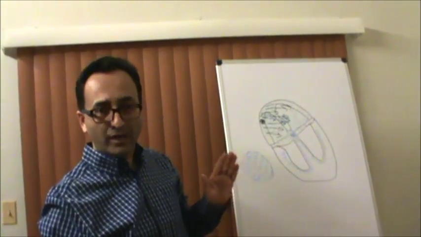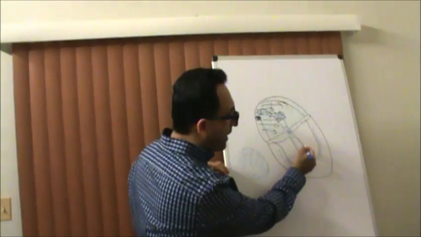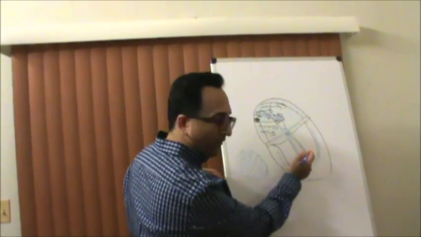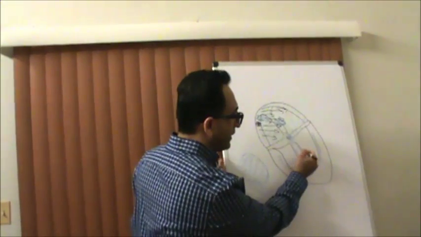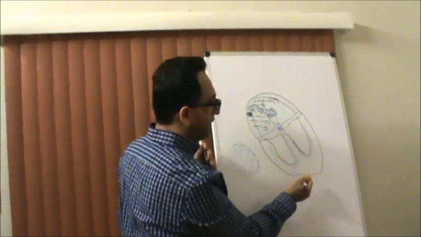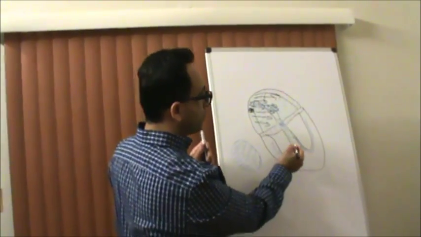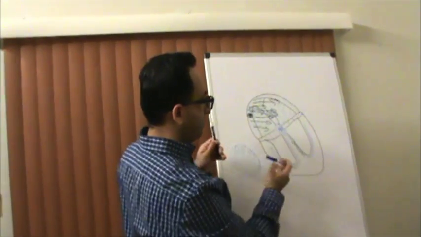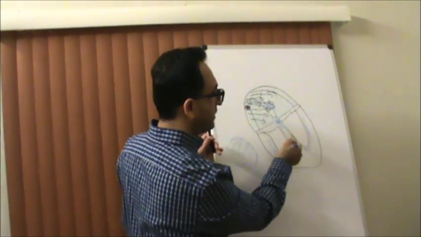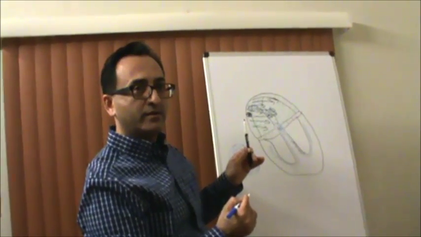Okay? And why is that? Because of the left bundle branch, there is a connection here. There is a connection here. So, through the left bundle branch, this portion, what we call the septum of the ventricle, gets depolarized.